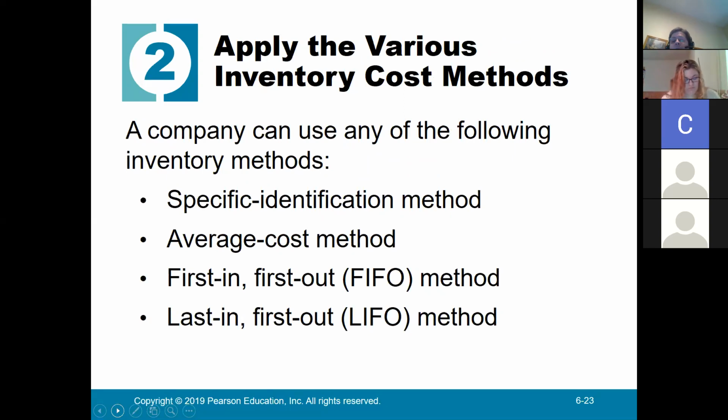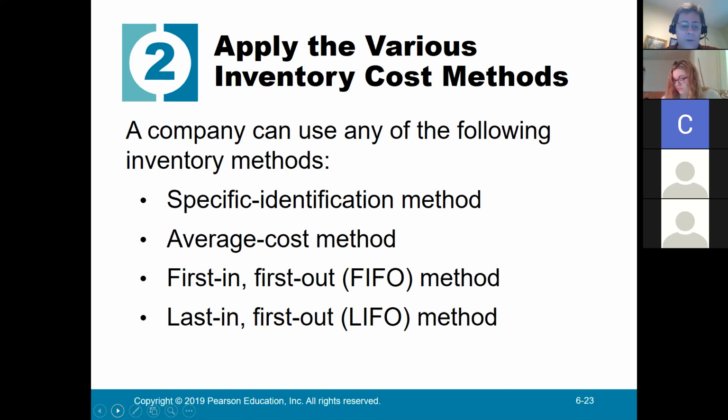So here's the four that we expect you to be able to think through. And actually, we will focus our attention most on the average cost as far as the examples and your homework and so forth.